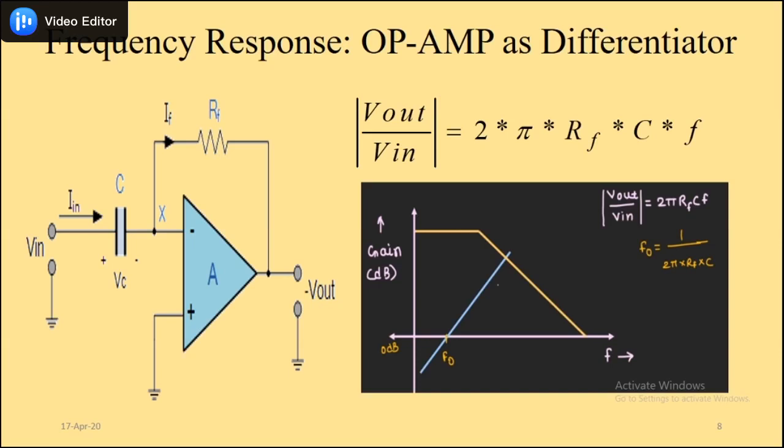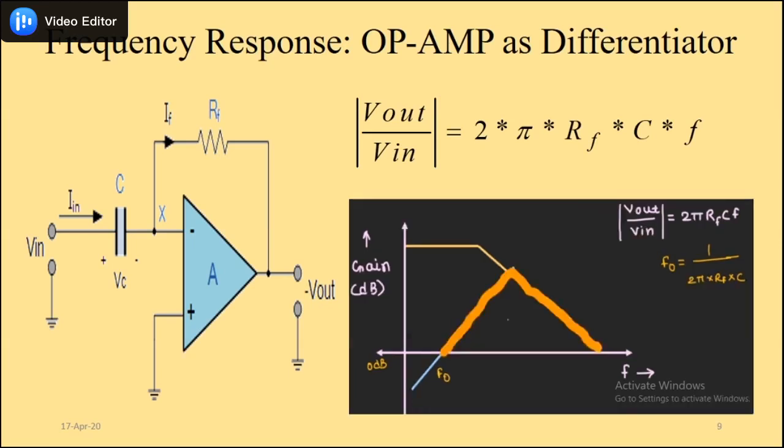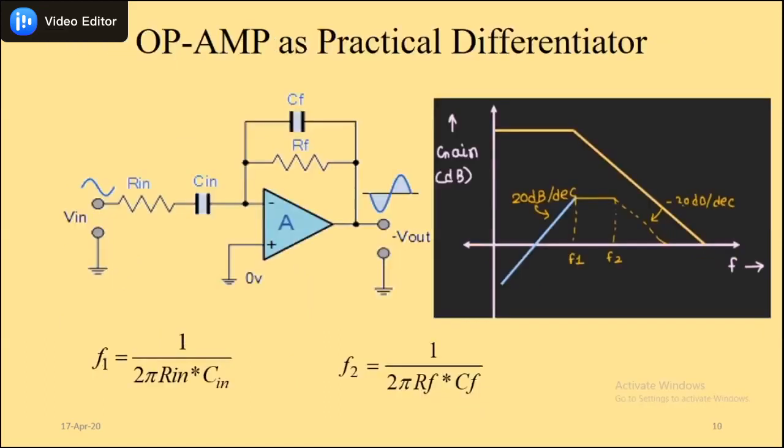We will make some changes in the existing circuit and convert this differentiator into the practical differentiator. The dark curve which you are seeing in yellow shows the frequency response of an ideal differentiator. Now we are going to make some changes in the existing circuit to get the practical frequency response for the practical differentiator.